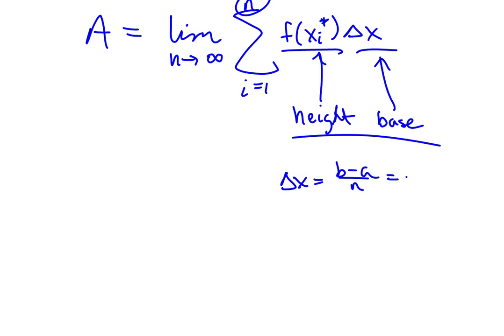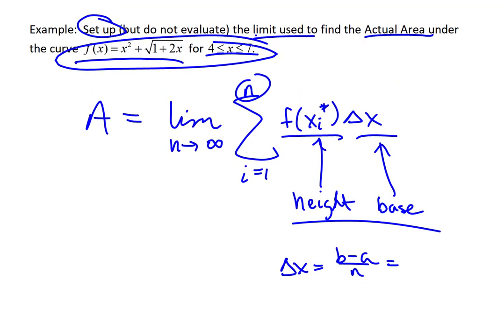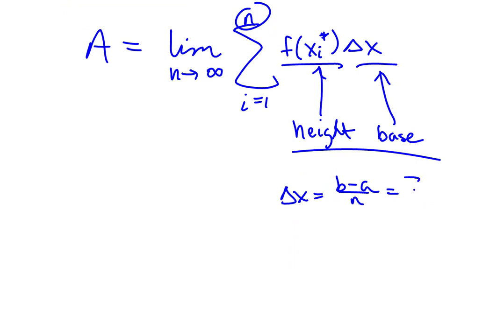In this specific problem, b and a are the boundaries of the interval from 4 to 7, so that would be 7 minus 4 over n. In other words, delta x is really just 3 over n. Okay, so let's keep that in mind. That's going to be our delta x.